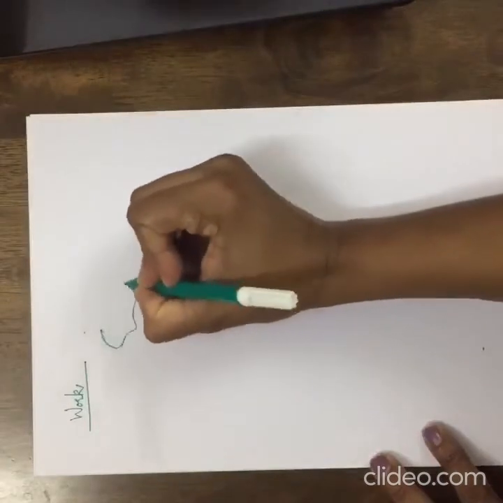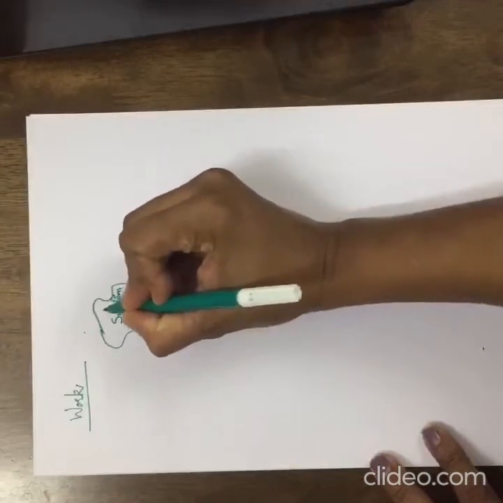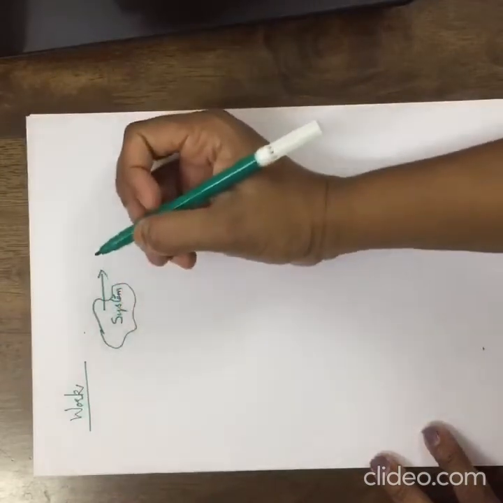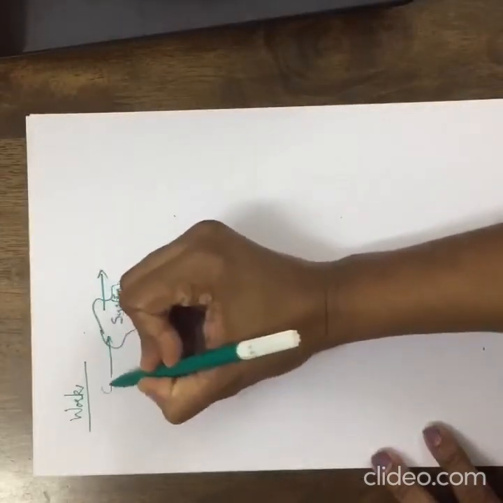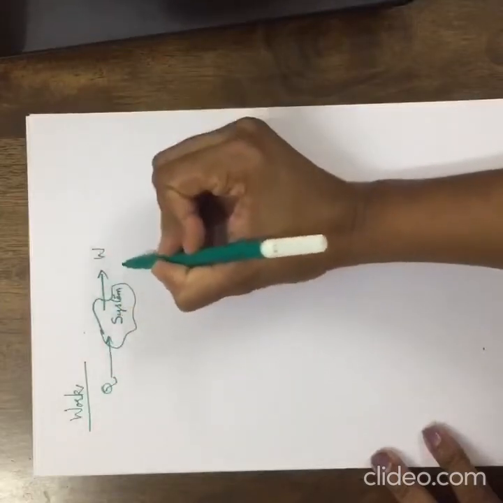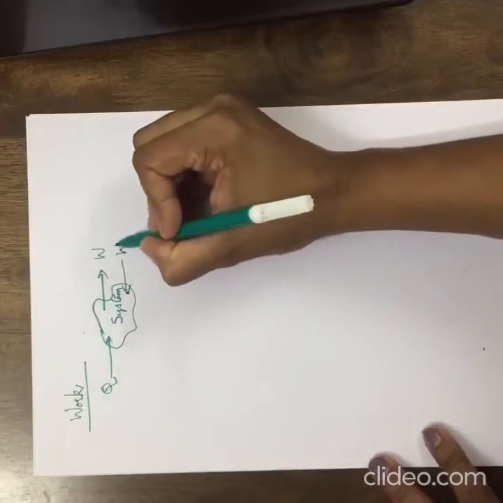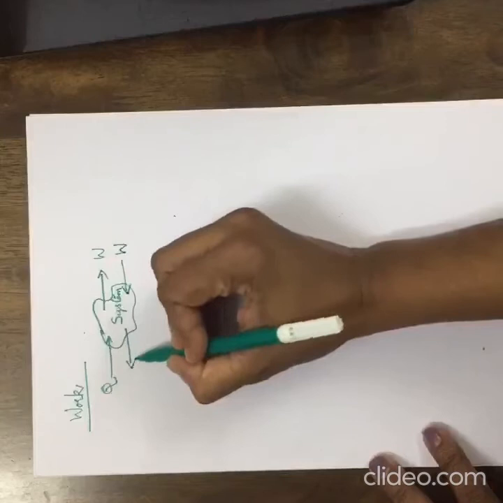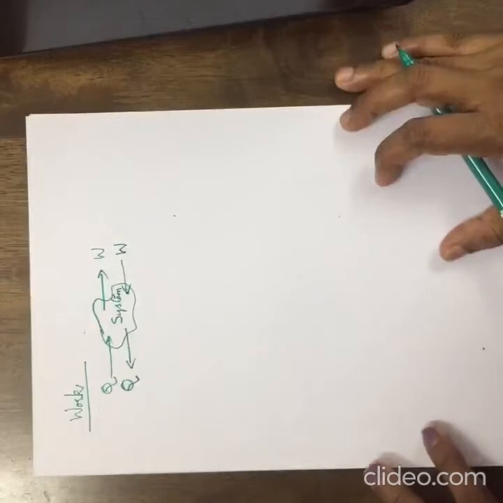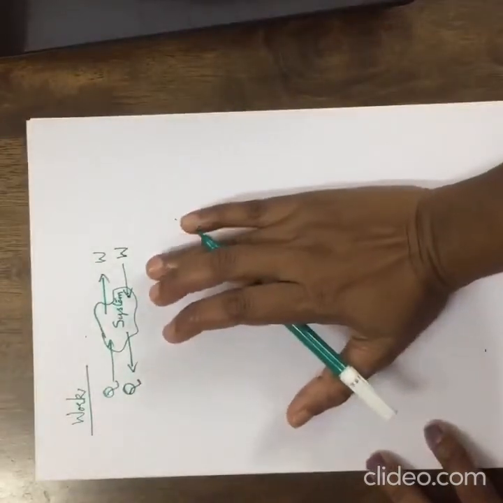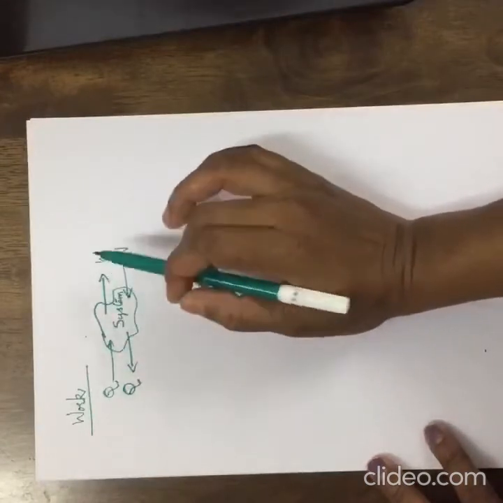When a system starts interacting with the surroundings, the energy transfer occurs in the form of heat or work effects.